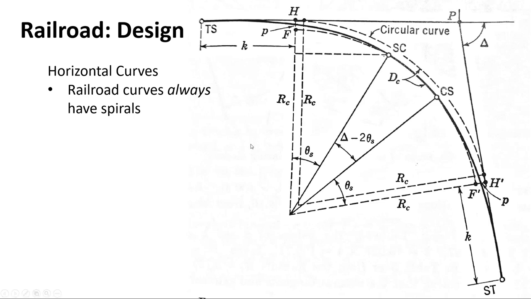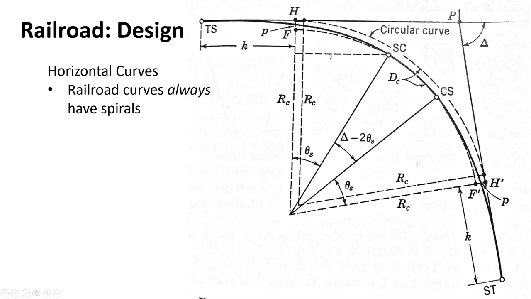The other thing to think of in horizontal curves for railroads is they always have spirals. A mainline track is always going to have spirals, right? Now, we're going to talk about what we call a turnout, where it looks like a curve as well coming off of a tangent piece.